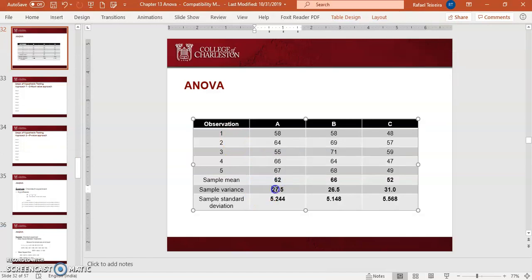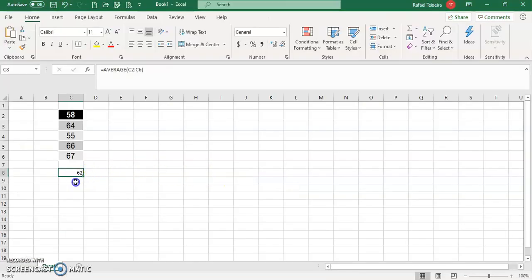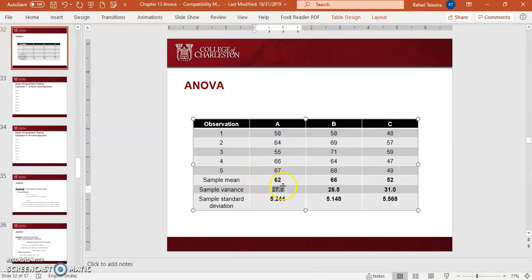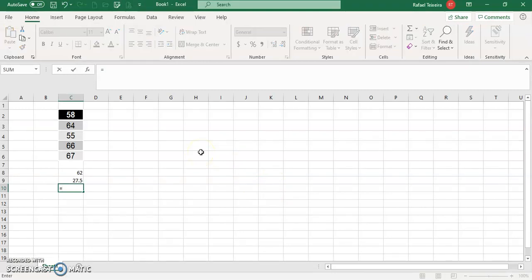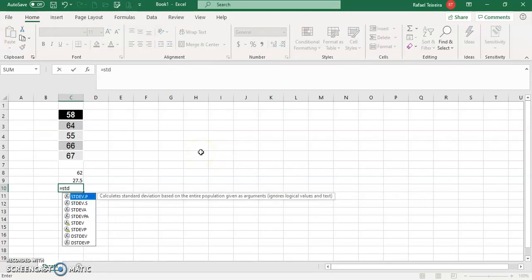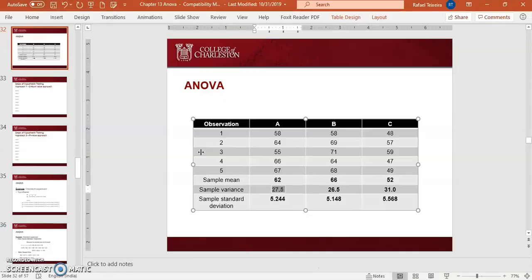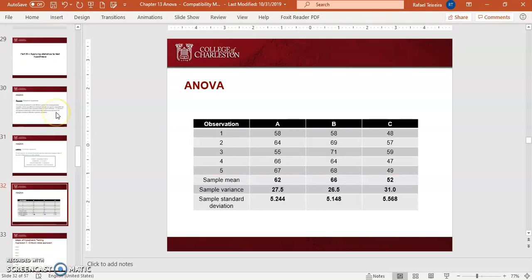Then you compute the variance using Excel too. Remember, the variance is VAR.S. This is the formula for variance, 27.5, and the sample standard deviation is STDEV.S because it's a sample. So this is how you compute the mean, variance, and standard deviation for each one of the groups.